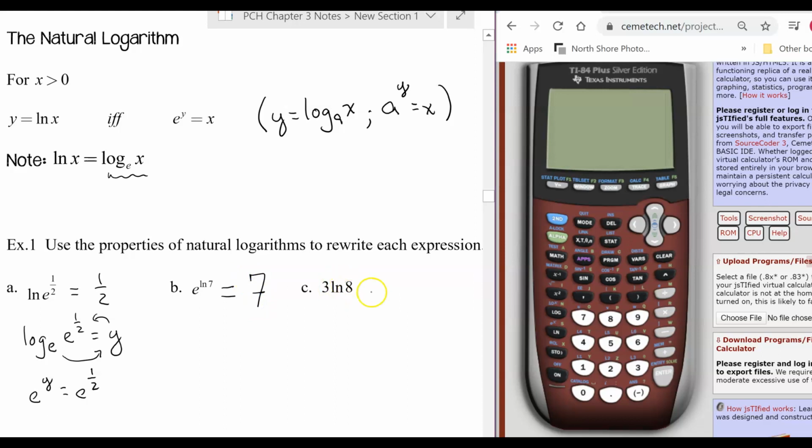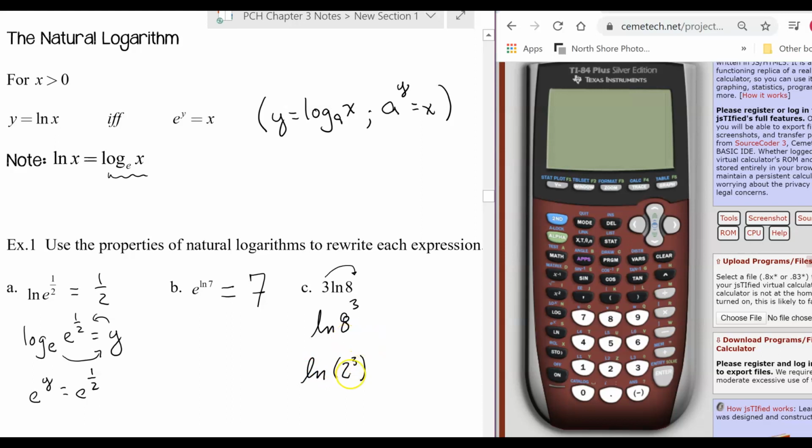This one is a little bit different, so we're going to use one of our other properties of logs where you can take this coefficient and move it up to an exponent. I'm going to rewrite this as the natural log of 8 cubed, and then I'm going to rewrite 8 as 2 cubed.